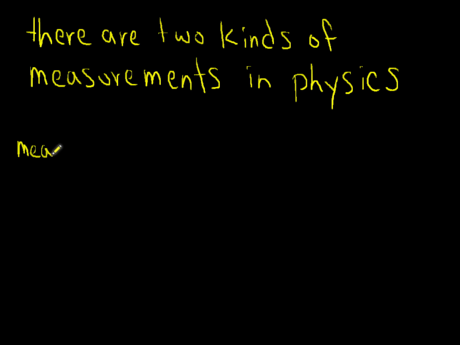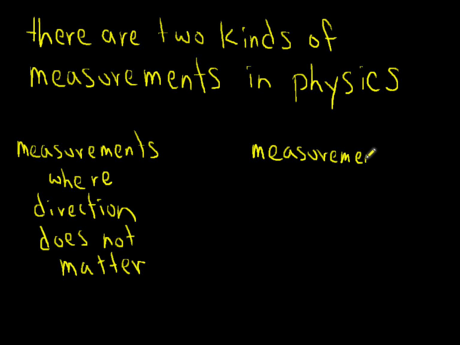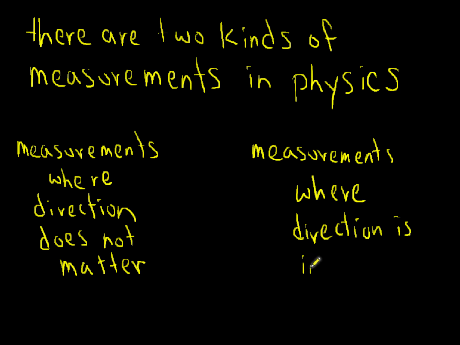Measurements where direction does not matter, and measurements where direction is important. It's critical to giving the measurement meaning. Up until now, you've mostly been used to using the first kind, where direction isn't important.